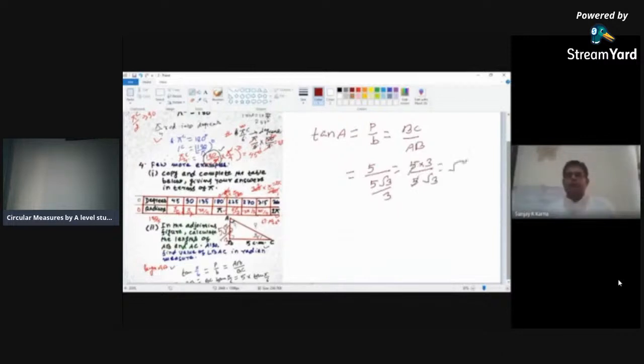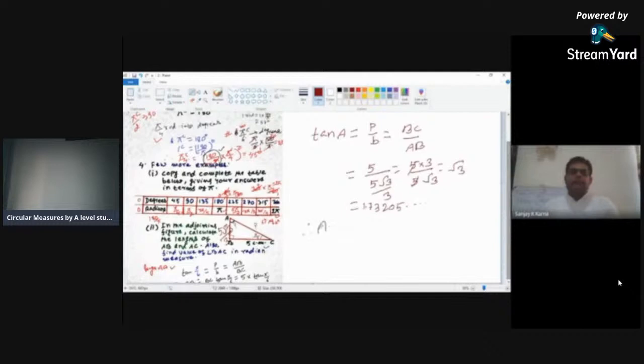So this is root 3. So the value of root 3 is, I think, 1.73. So that value is 1.73205, and a few more numbers after this.